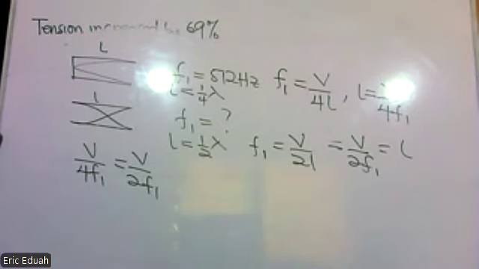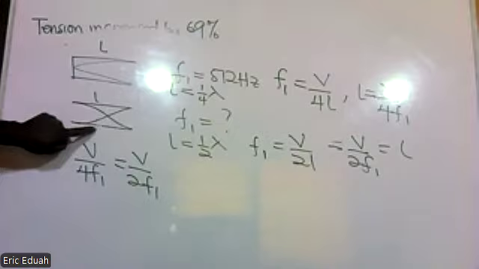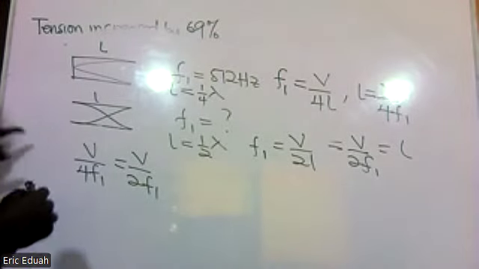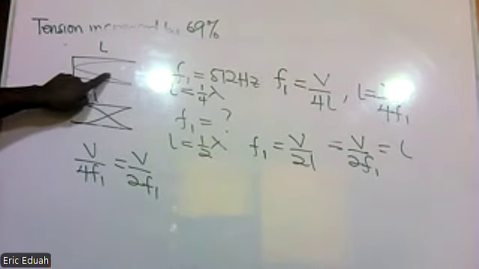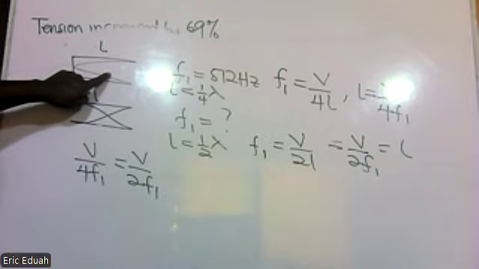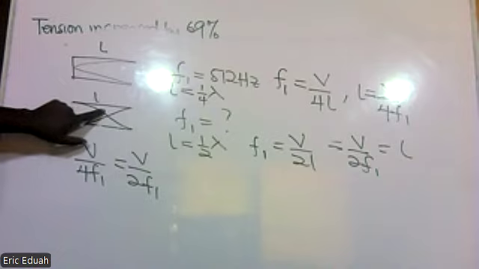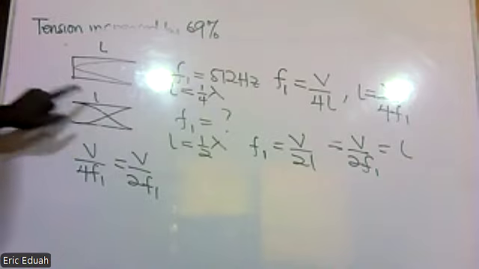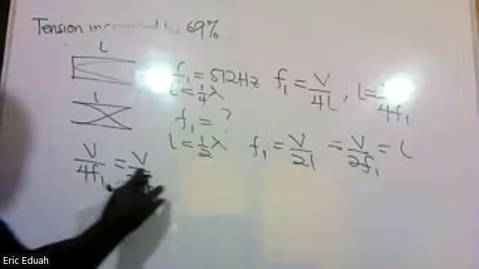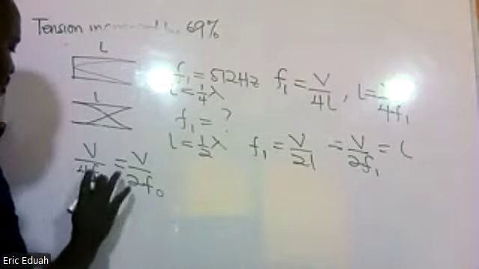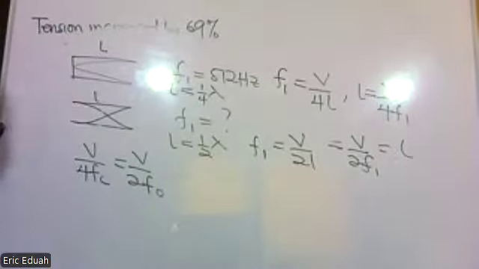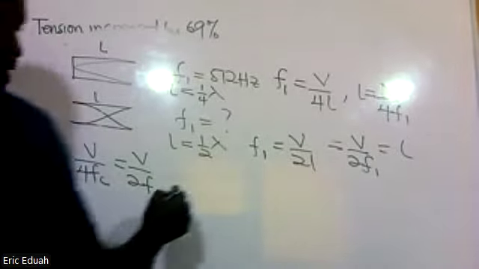F1 for the closed pipe is given. The open pipe we do not know. So this is for open and this is for closed. We make the open the subject.